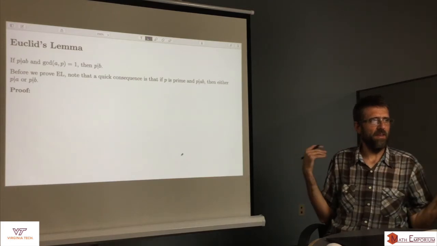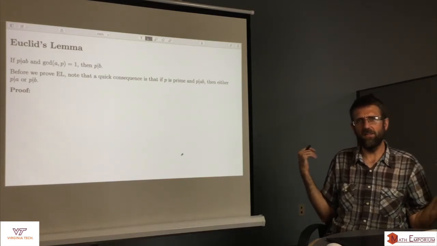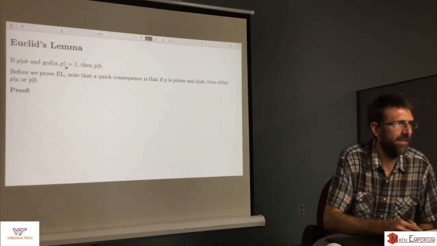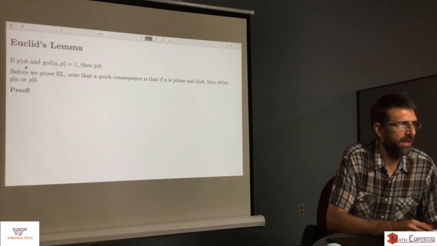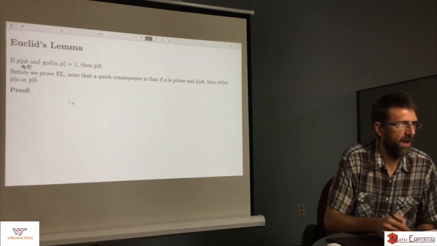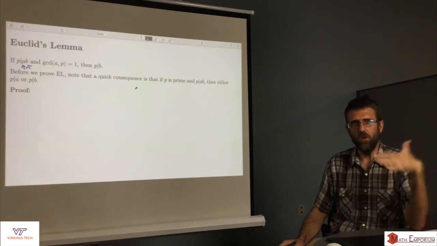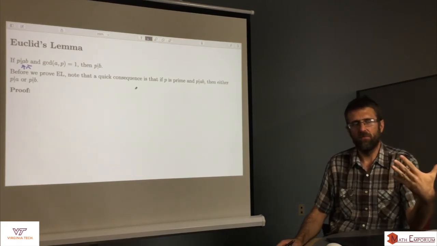If you think in terms of prime factorizations, this should make complete sense. Since p divides a times b, and no prime factors of p are in a, then they all have to be in b. The issue with that is you actually use Euclid's lemma to prove prime factorization.